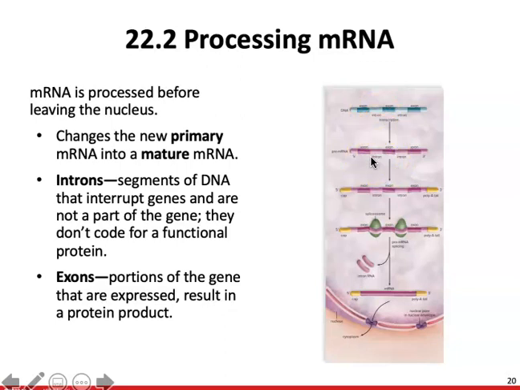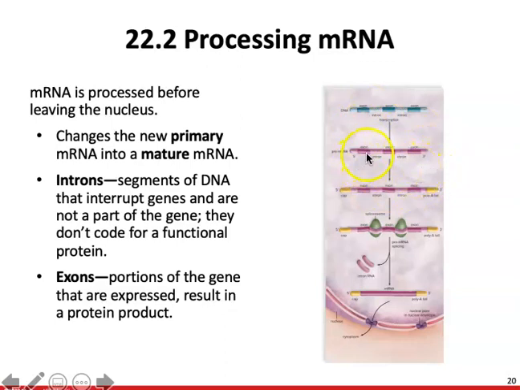However, there has been a lot of research done in the last few years about spliceosomes and RNA splicing. And what they have found is that you can actually create multiple proteins from a single segment of DNA if you splice it differently.